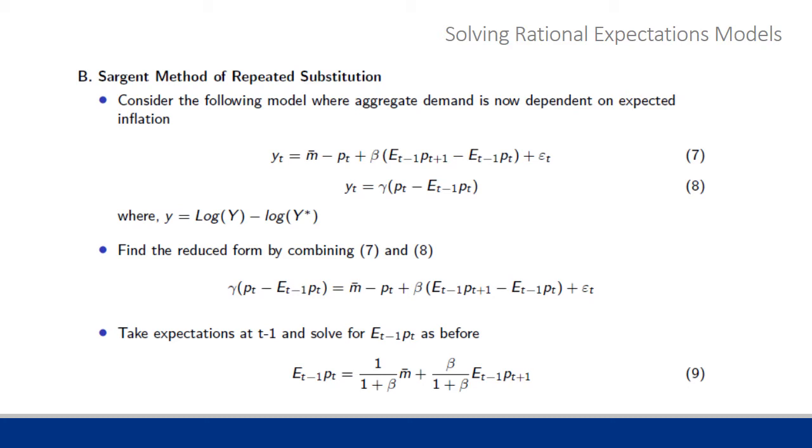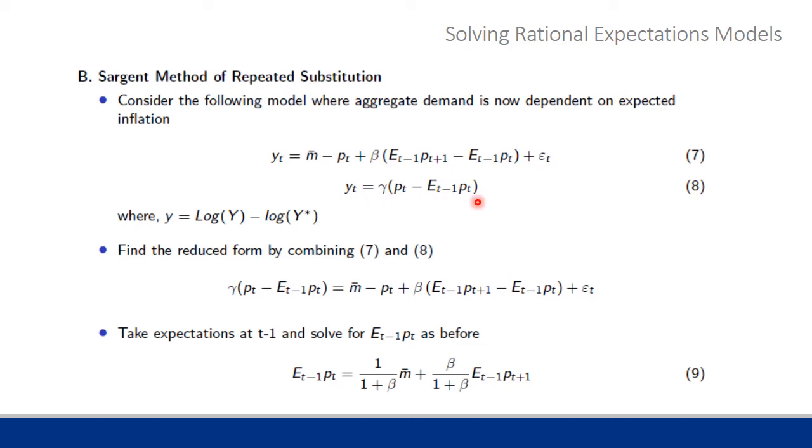From the demand side, we have that output is equal to M bar minus PT, exogenous money minus the price level as before. But now there is this additional term, which we might recognize as expected future inflation, the difference between EPT plus 1 and EPT. That's the shock. This is the aggregate demand relation and the same aggregate supply curve as we gave before.